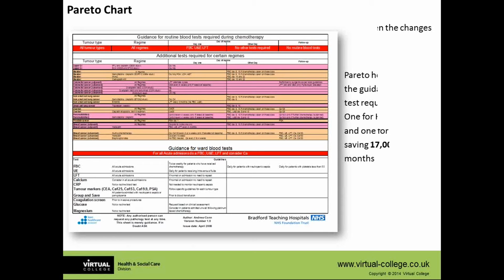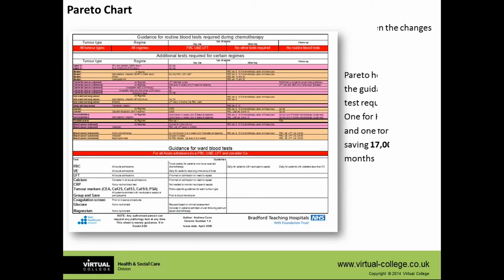Okay, here's where Pareto's helped. This one was Bradford Teaching Hospitals, and Pareto's was done with the senior consultants in hematology and oncology, and basically they came up with guidance for routine blood tests. What they were finding was a bit of belt and braces going on, and people were just requesting a group and save or a full blood test on everybody that came in, and the hematology lab was really struggling.